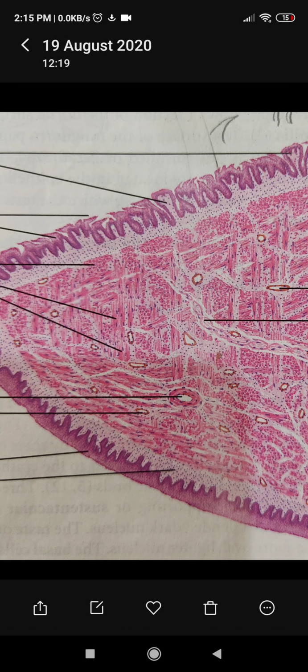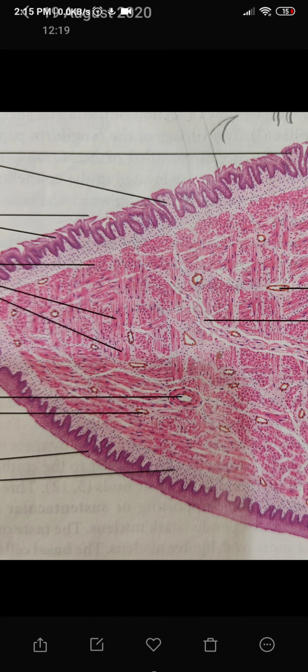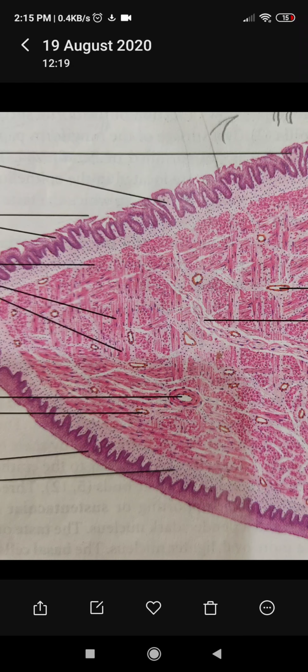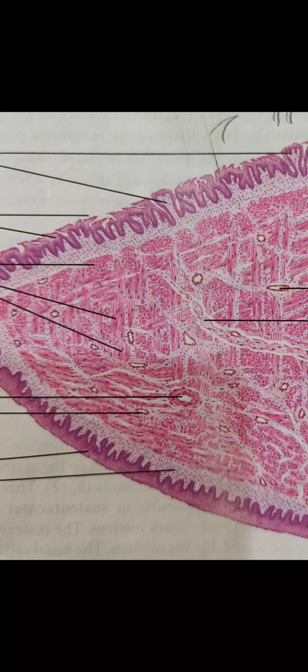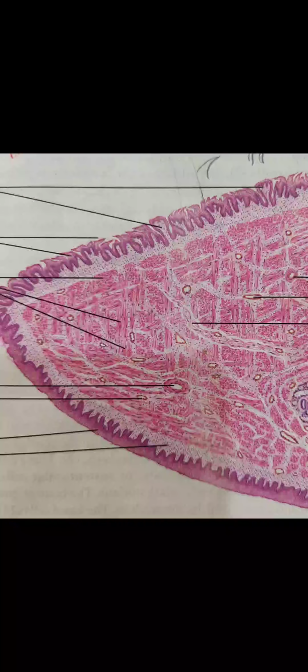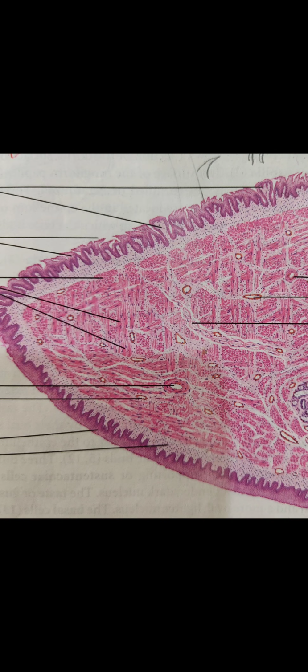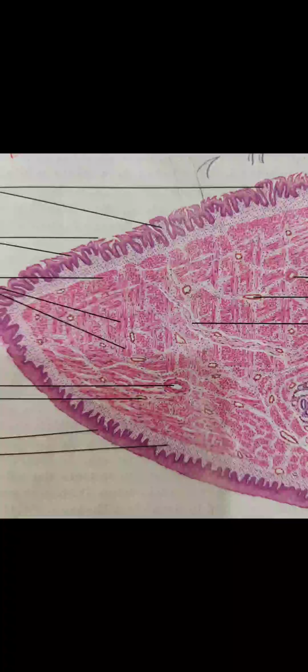Then again the lamina propria, and then the ventral surface of the tongue, which is represented by smooth, stratified squamous, non-keratinized epithelium with underlying lamina propria. So this is the picture you will draw in your copies, and in another video I will show how to make this diagram very easily. It looks very tough, but it is very easy to make.